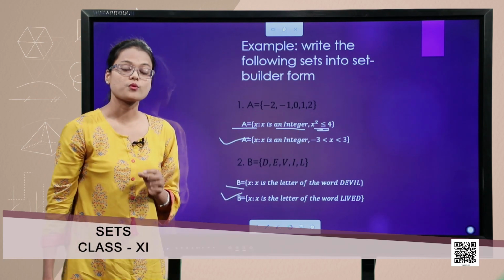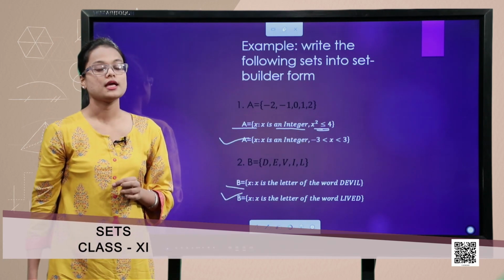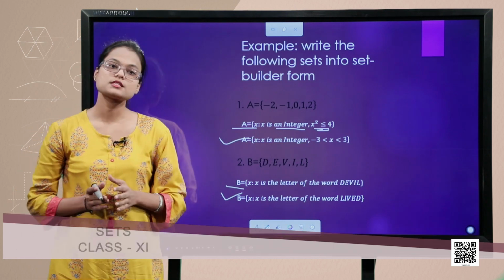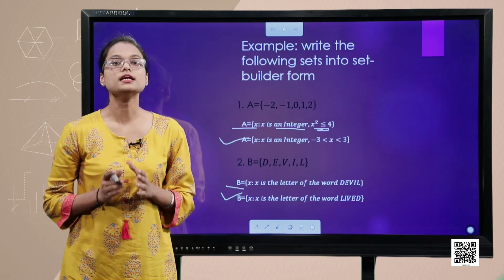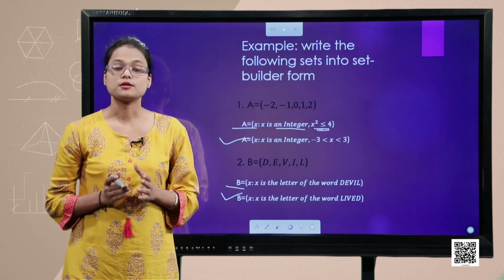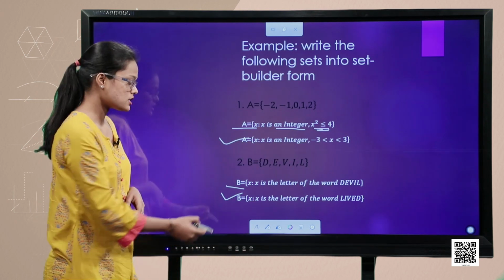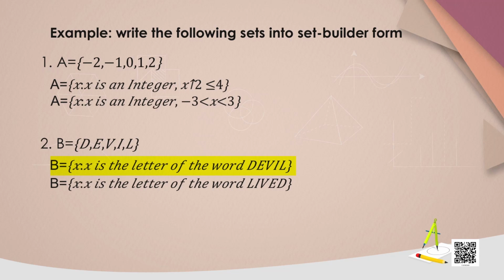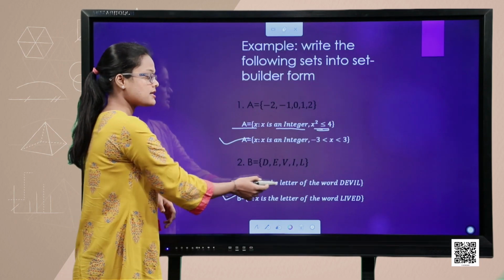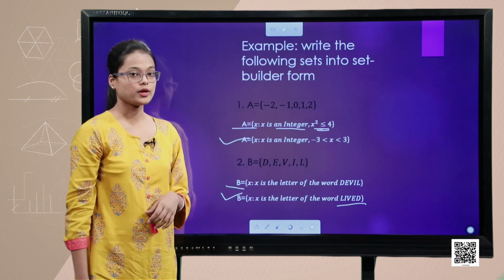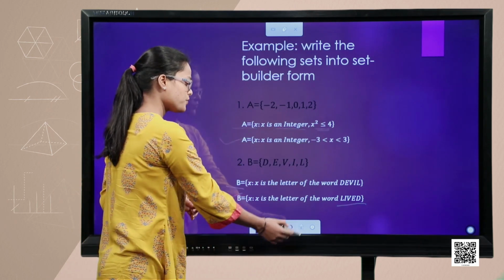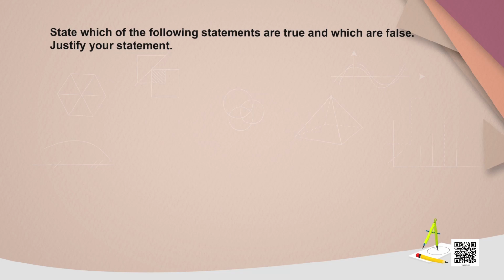So this shows a very important observation that the representation of a set in a set builder form is not necessarily unique. It may be more than one. As you can see for the second example as well, x is a letter of the word devil. Okay? So let us take one question recalling what we have done up till now.